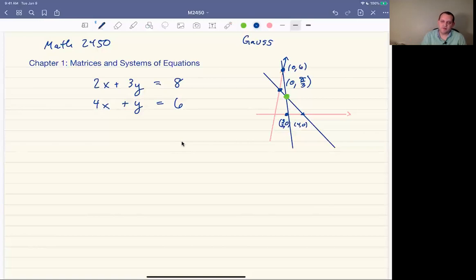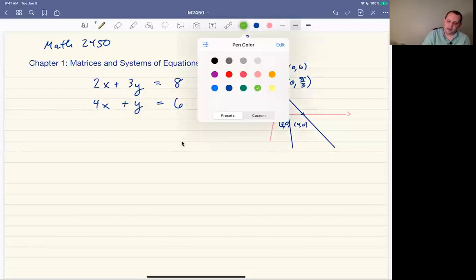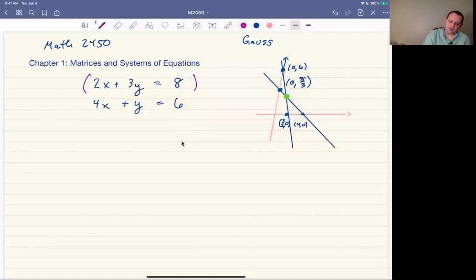There are a few different ways that we can do this, but I think the easiest way is to take our top equation and multiply it by -2. The reason we choose -2 is that if I take -2 times 2x, that gives me -4x, and then if I add that to the second equation, that'll cancel out the x terms.